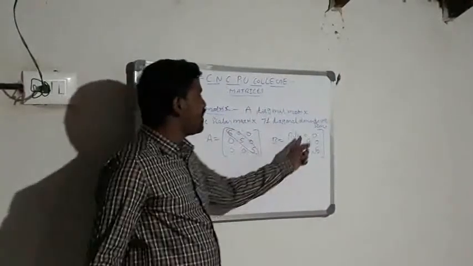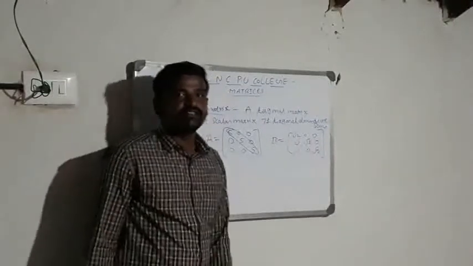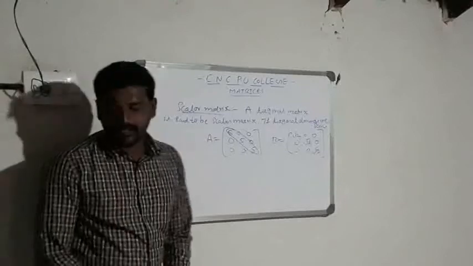The second example, root 2, root 2, root 2. Diagonal elements are the same. This is called a scalar matrix.